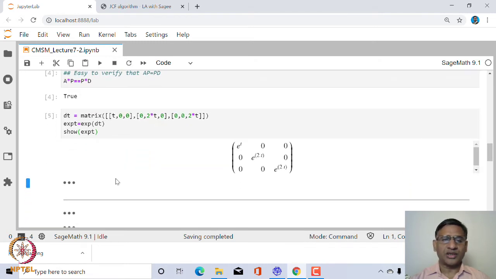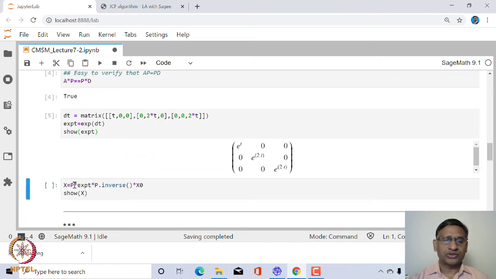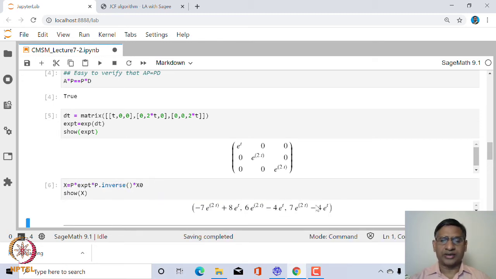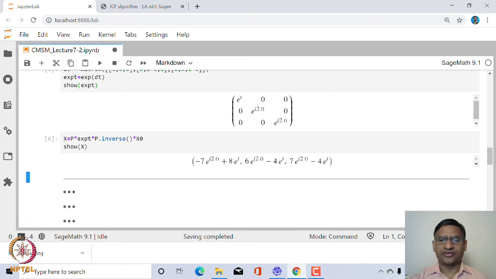Now what is the solution? The solution is x is equal to P into exponential of dt into P inverse times x naught, right. And when you do that, this is what you get. The first component is minus 7 times e to the power 2t plus 8 into e to the power t, the second component is 6 e to the power 2t minus 4 e to the power t, and the third component is 7 into e to the power 2t minus 4 into e to the power t.